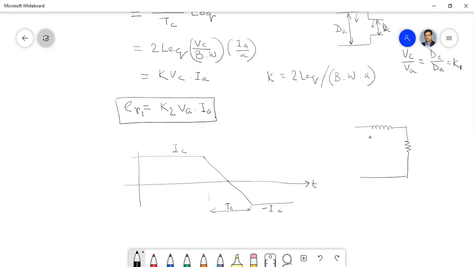Suppose you have an RL circuit like this. Here you have a DC voltage. This is your RL circuit, and you have an R circuit. What is the change in the current?